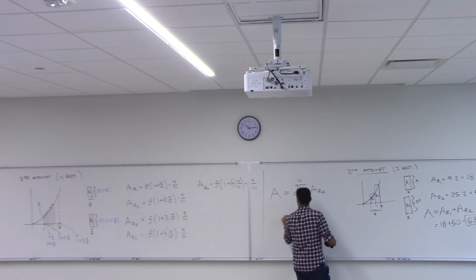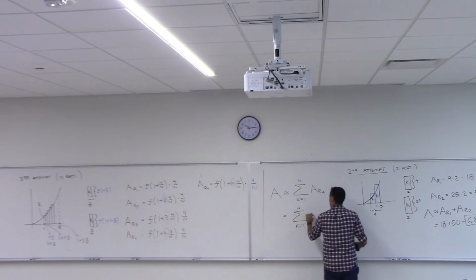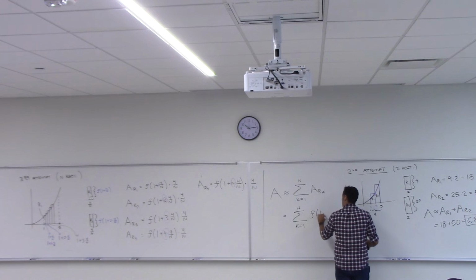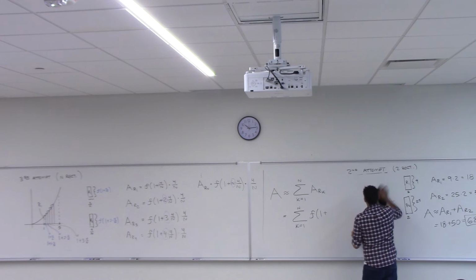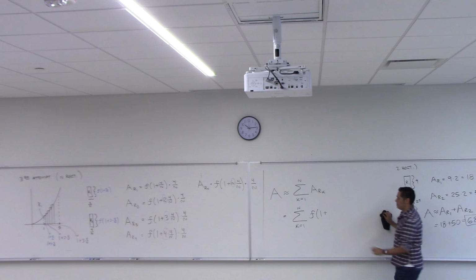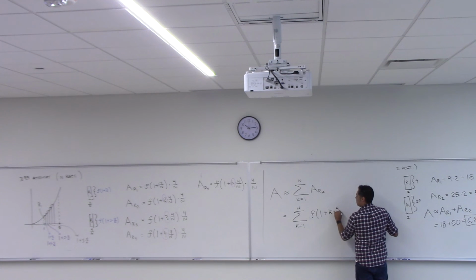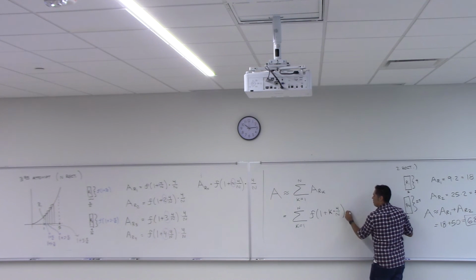So this equals the sum, k equals 1 to n, of f of 1 plus k times 4 over n, all of that times 4 over n.